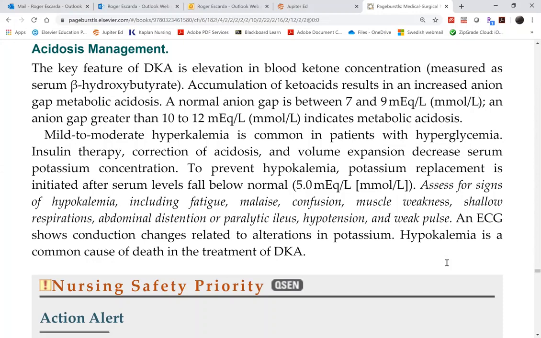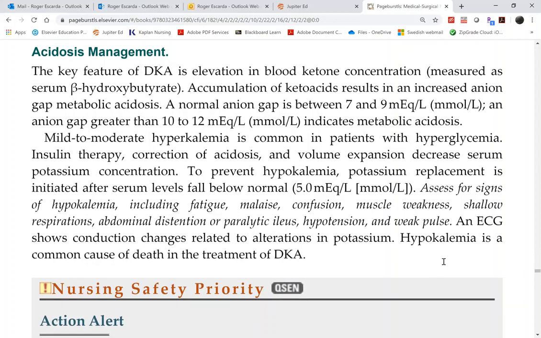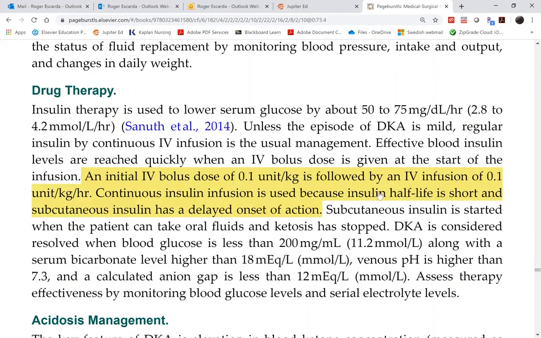So is it a matter of if the potassium will decrease that we will replace it? No, we will give it to prevent it. So we do not wait for the potassium to drop. We anticipate that the potassium will drop once you start this IV insulin right here.